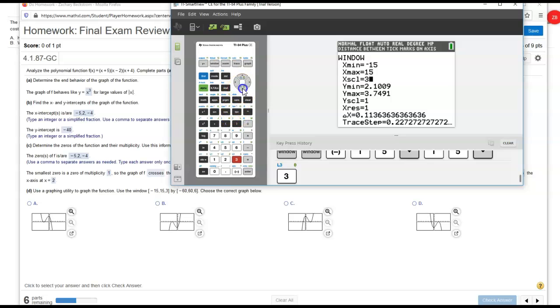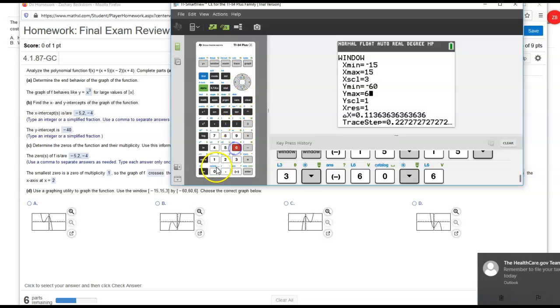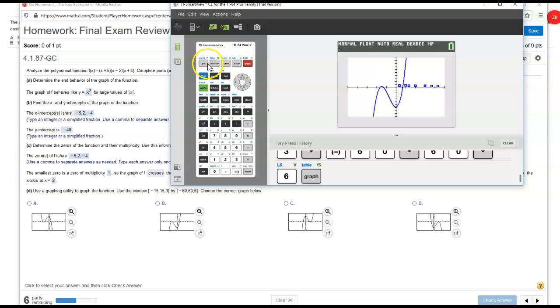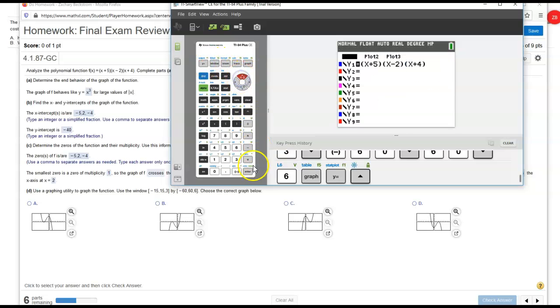And my y's go from -60 to 60 with a scale of 6. All right. Now I'm going to go ahead and graph this. Let's go ahead and turn off our plot from earlier.